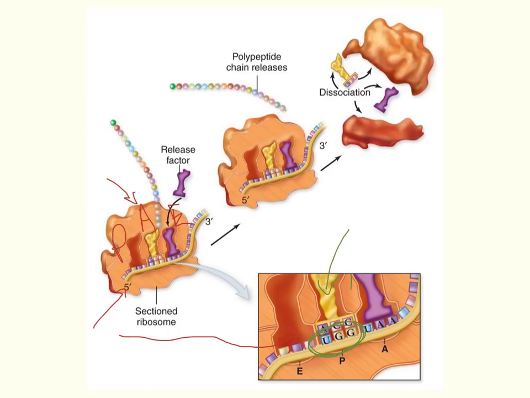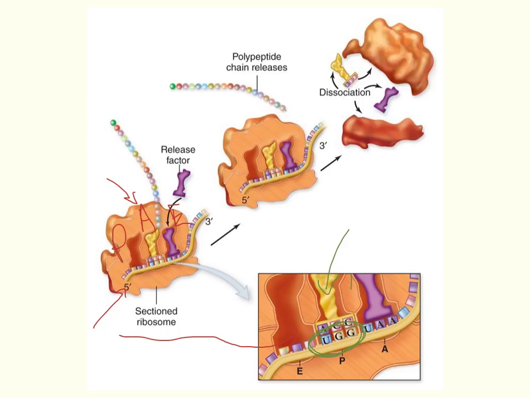Okay? And so if you notice these, they are in three-letter codes, and we actually read those three letters at a time. That's what's called a codon. And the anticodon is what's attached to the tRNA.